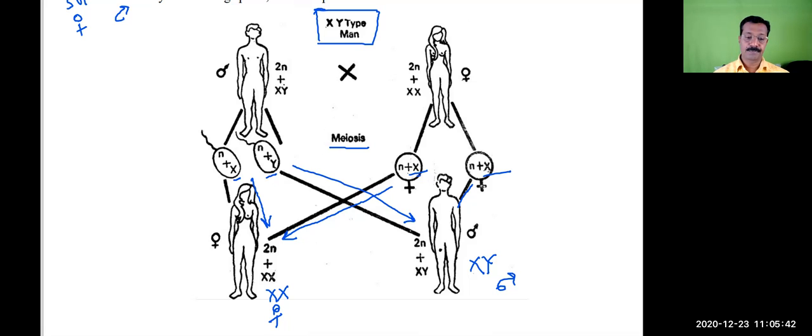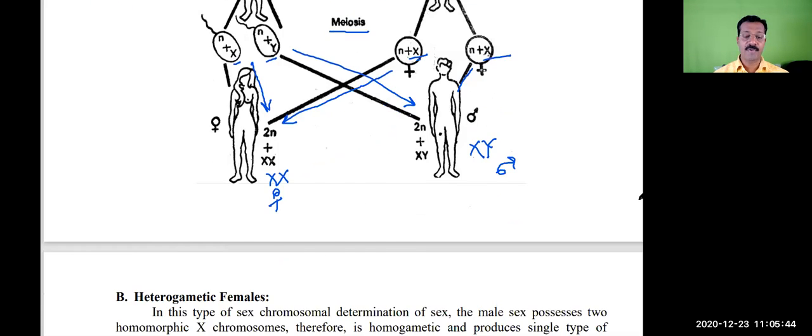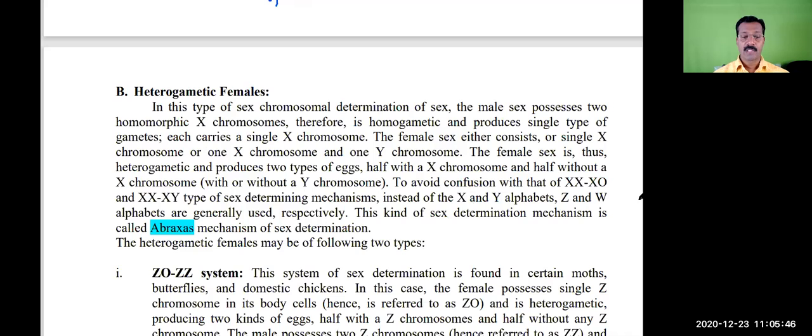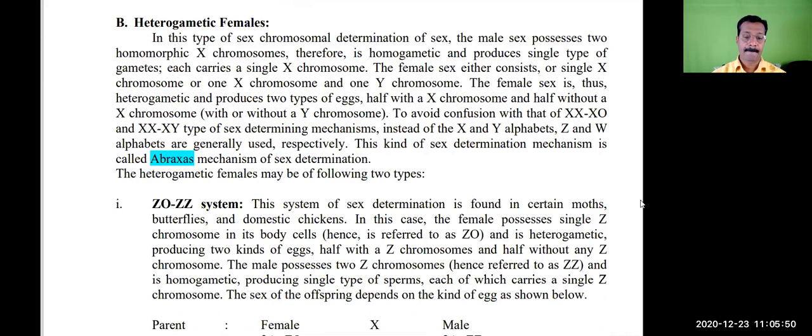In the other, heterogametic female, the case is vice versa, means males are XX, and females are XY or X0. In both the cases, this one is the first case, and this one is the second case.